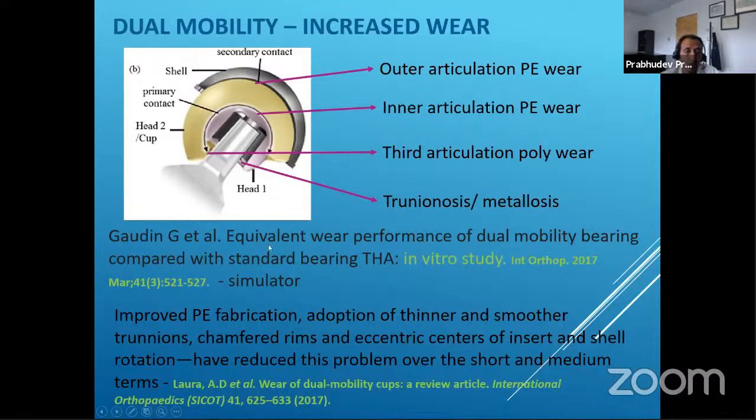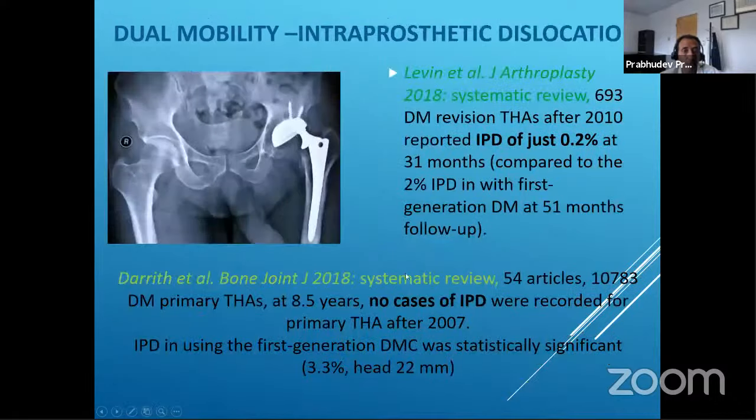In this study, this was an in vitro study in a simulator, and Gordon and colleagues demonstrated that the wear performance of dual mobility bearing was comparable with standard bearing total hip, and improved polyethylene and adoption of thinner and smoother trunnions and chamfered rims and eccentric centers of insert and shell rotation have been found to reduce this wear problem, at least in short and medium terms. So this is less of a concern now.